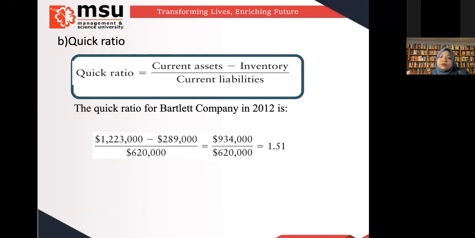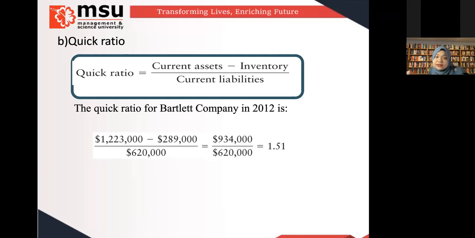Why do I say so? Because inventory is a product that you keep in your store. You have to move it out of your store and sell it first to your customer. That is the first step. Once the inventory is sold to the customer, that amount becomes accounts receivable.